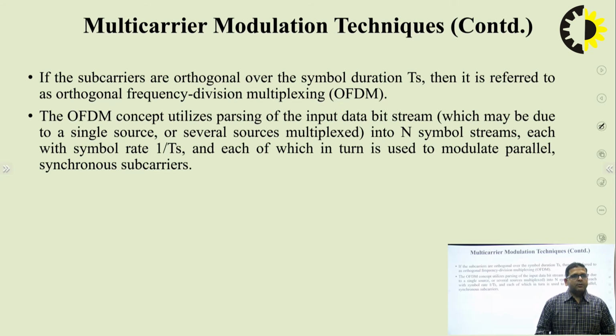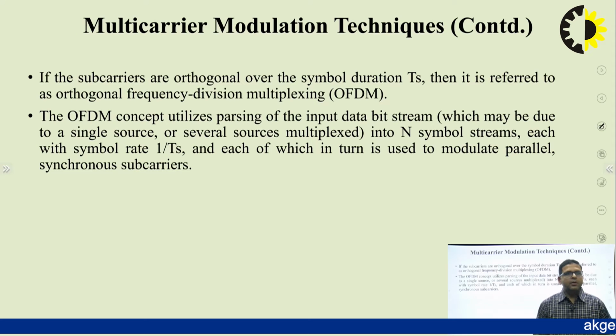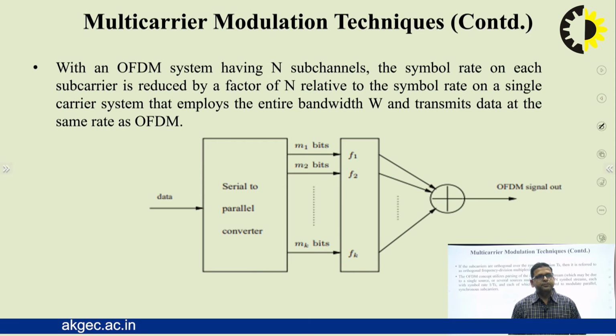Actually, in orthogonal frequency division multiplexing, the input data stream is converted into M symbols, and each symbol has a duration of Ts seconds, and each of which in turn is used to modulate parallel synchronous subcarriers.